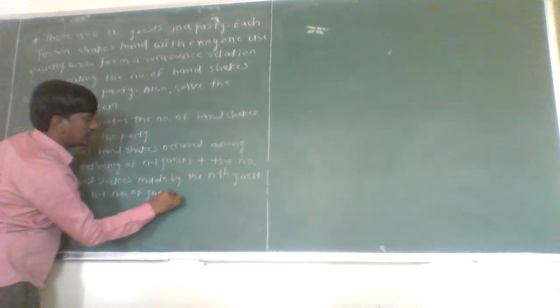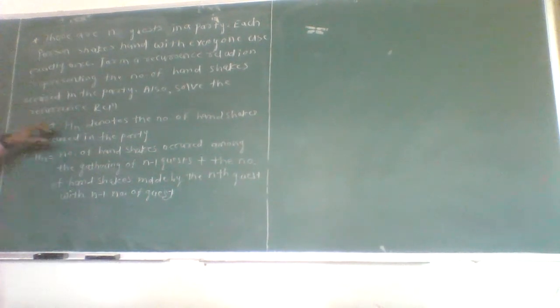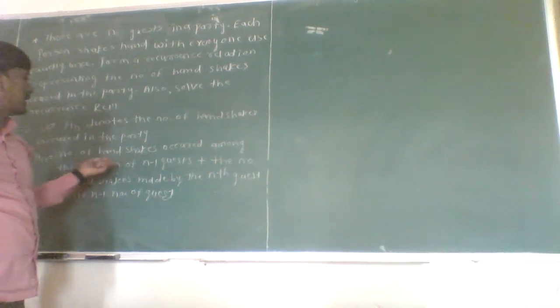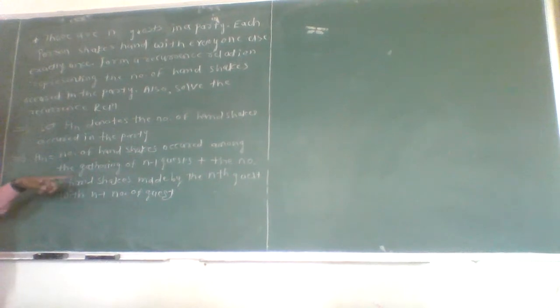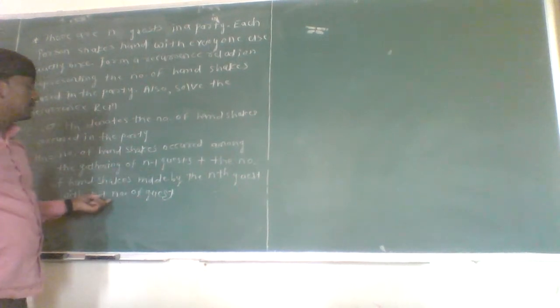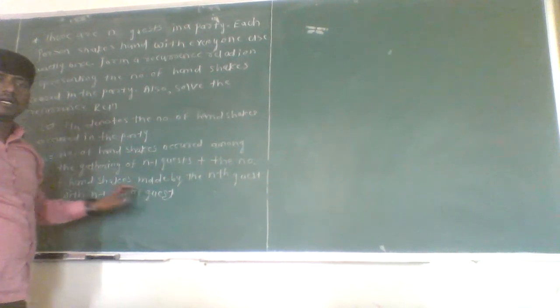So actually Hn is the number of handshakes occurred in the party. Therefore Hn is the number of handshakes occurred among the gathering of n minus 1 guests plus the number of handshakes made by the nth guest with the remaining n minus 1 guests.